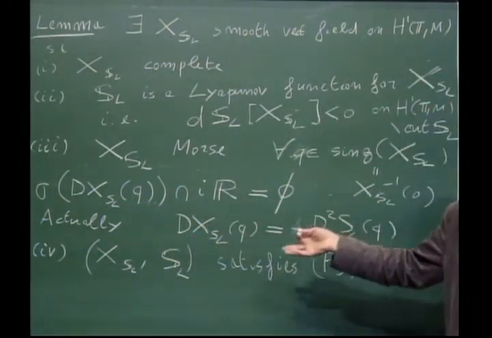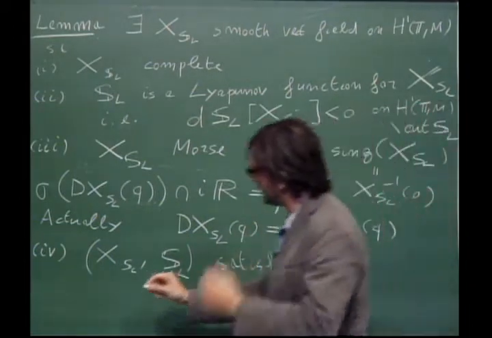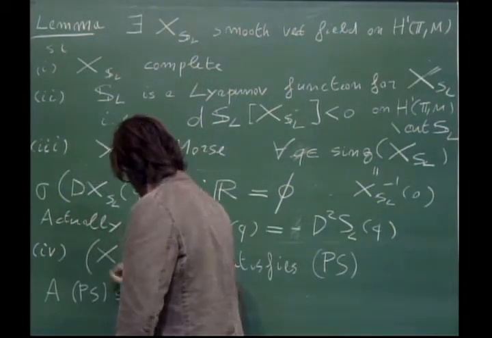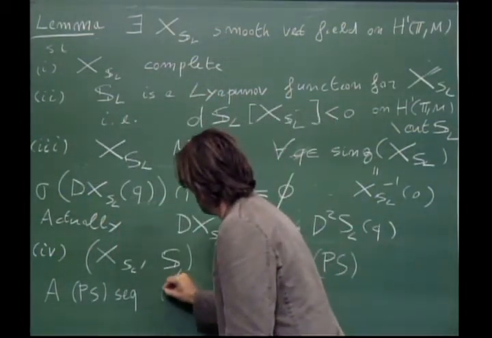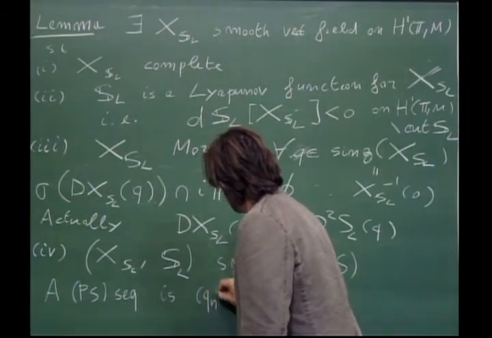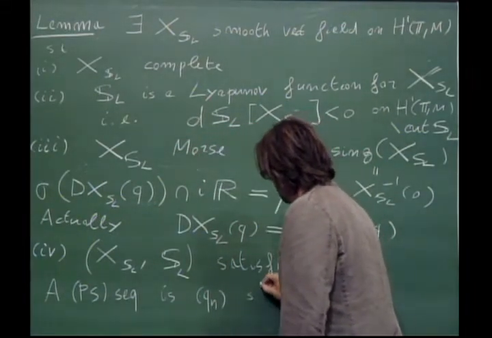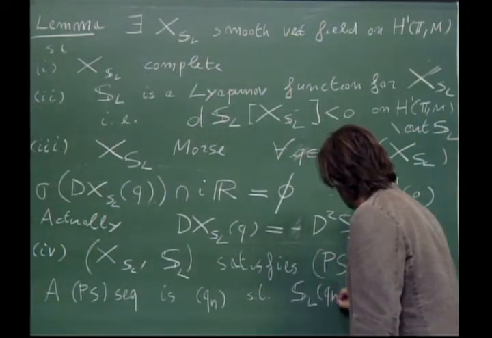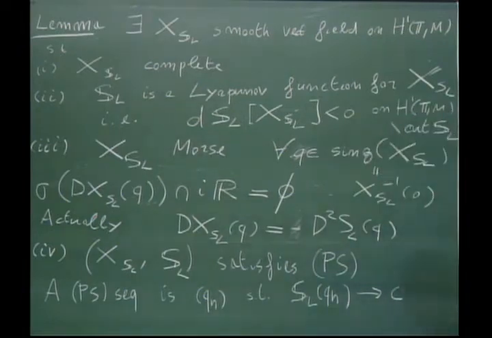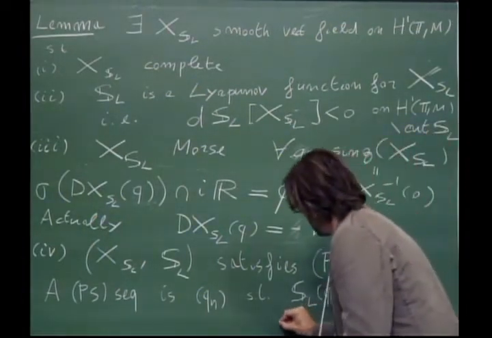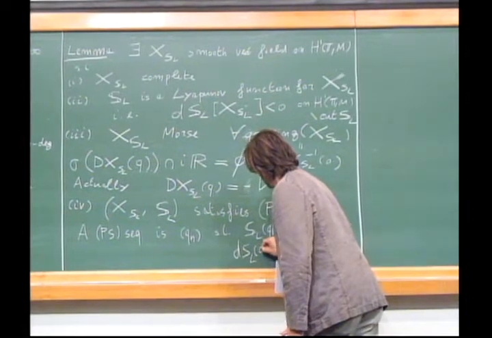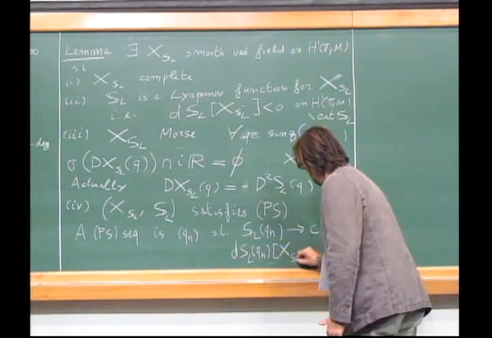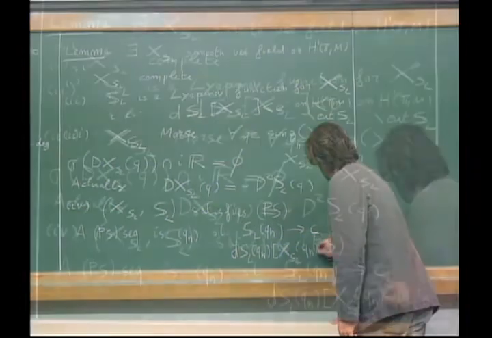You also have a notion of Palais-Smale sequences, which is just, so a Palais-Smale sequence in this setting is a sequence, say q_h, such that S_L(q_h) converges to something, and the differential of S_L at q_h applied to the vector field X_{S_L} at q_h goes to 0.